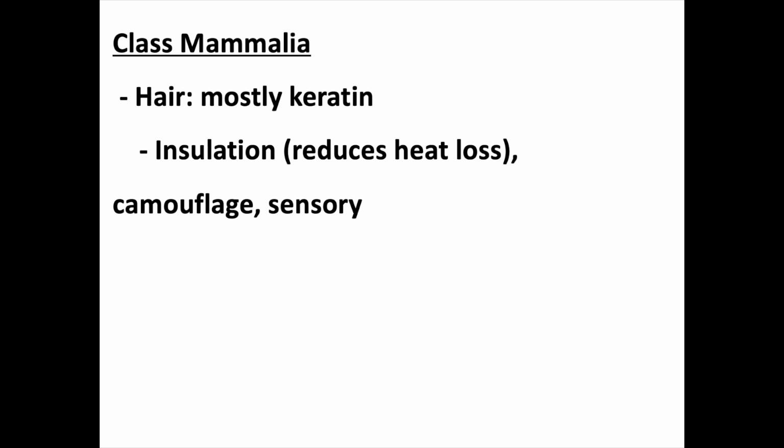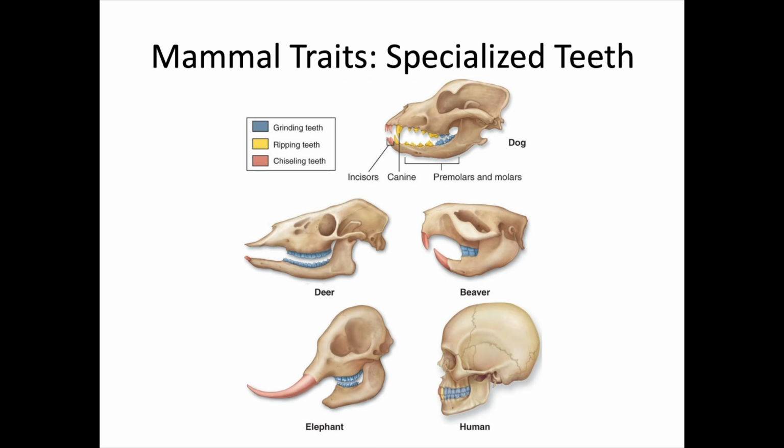Another thing about mammals is that we have really diverse and specialized teeth. Not something we always obviously think about, but there is a lot of diversity in mammalian teeth. Some mammals have teeth that are great at ripping and tearing apart meat. Some are great at grinding down plant matter.